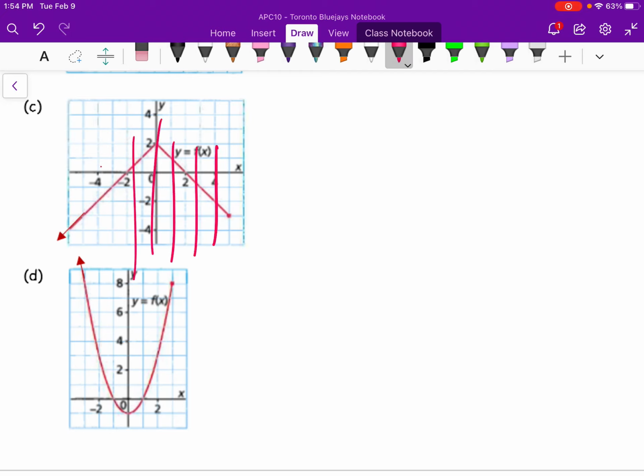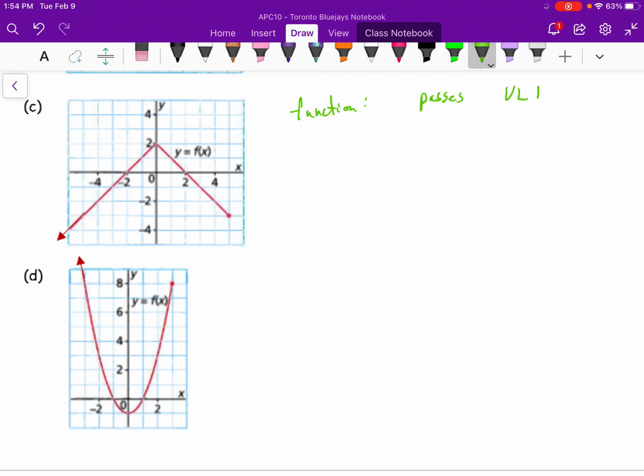This is a function. And get used to, can you imagine a vertical line so that it crosses the graph more than twice? No. So then it is a function. So I'm just going to write passes VLT.